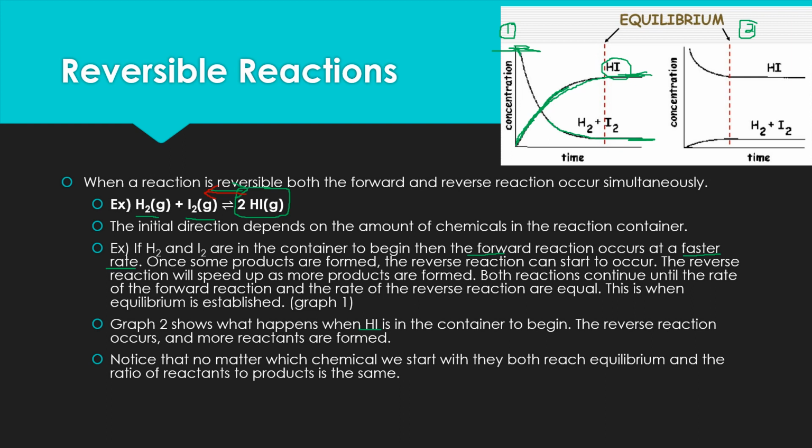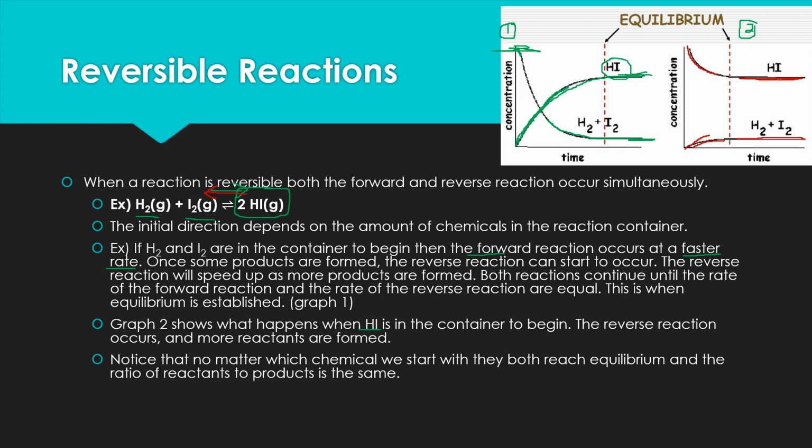So the reverse reaction occurs first. We're going to use up some of that HI and we're going to make some H2 and I2. Those are going to increase as more reactants are formed. Now, no matter which chemical we start with, they both reach equilibrium. We can see that the second reaction, graph 2, still reaches that horizontal line. So that same slope for both lines, that's when they've reached equilibrium.